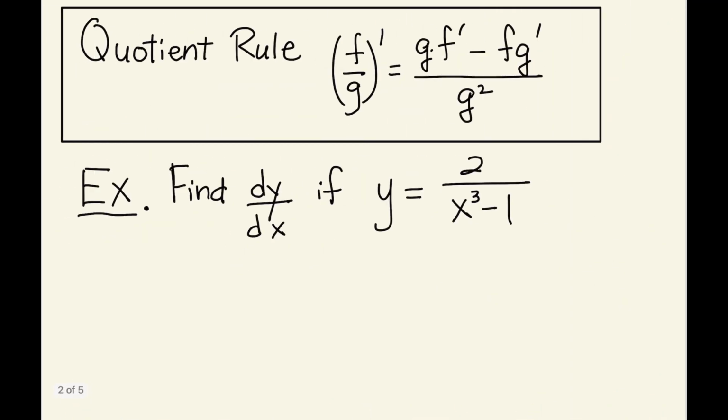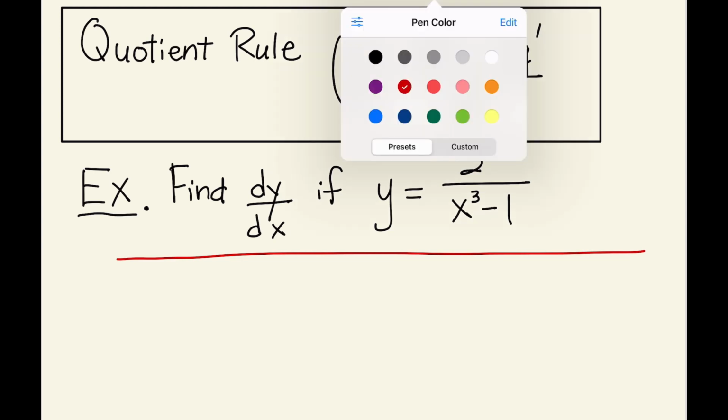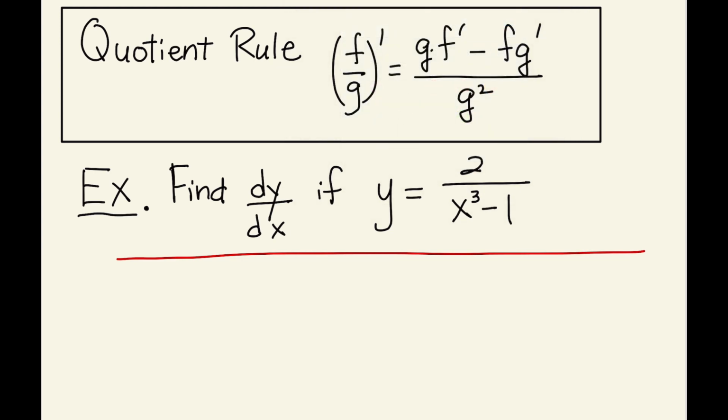Okay, so let's do this example. Find dy dx, the derivative of y with respect to x, if y is equal to 2 divided by x cubed minus 1. That's clearly a quotient, so let's apply the quotient rule. I'm thinking of my function f as the top function and my function g as the bottom.